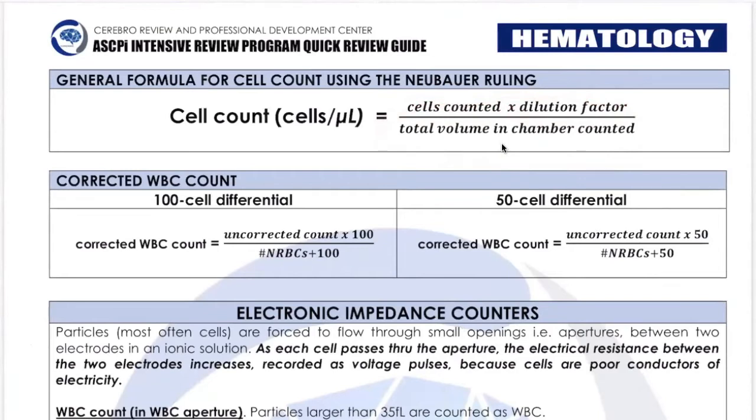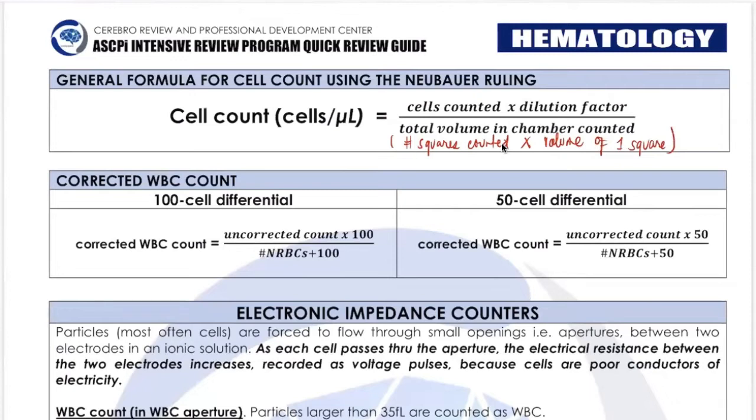So how do we derive the total volume in the chamber counted? We derive this by multiplying the number of squares counted times the volume of 1 square.